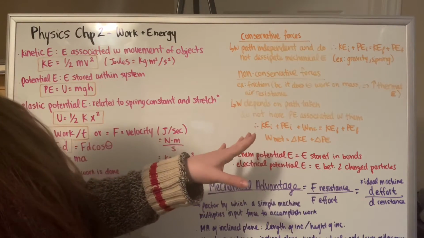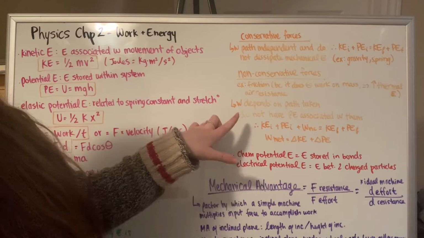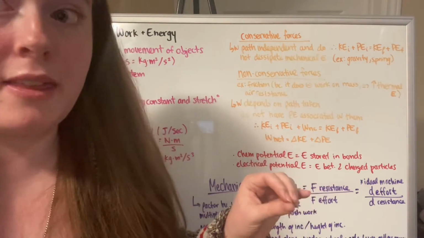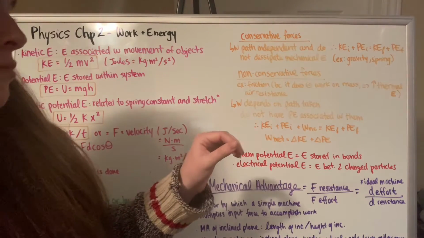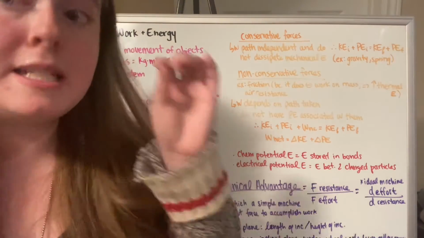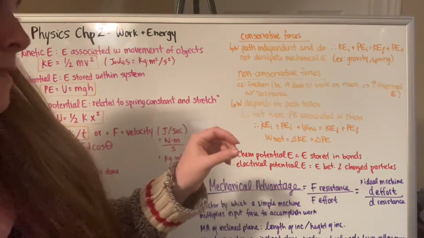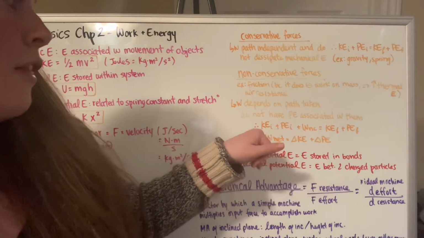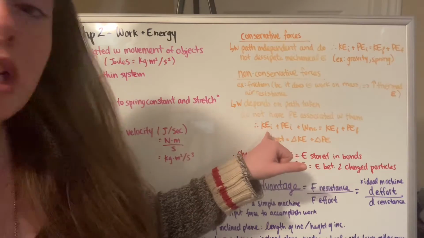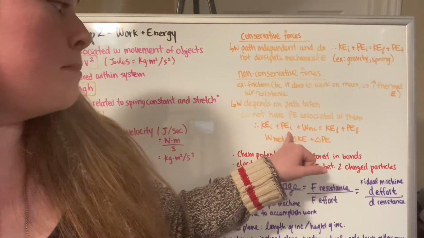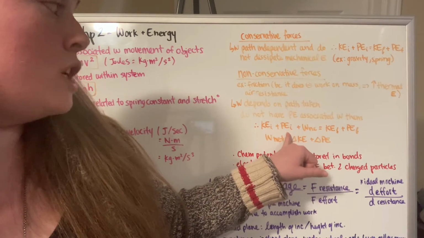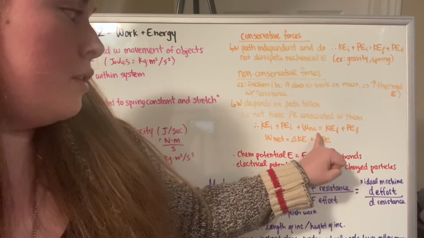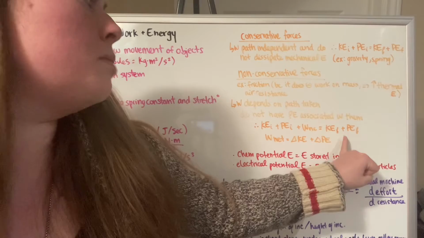And then, as we said, the non-conservative forces do not have a potential energy because they depend on the path taken. When I say they, I mean the work depends on the path taken. So when we have non-conservative forces, we have the initial kinetic energy plus the initial potential energy plus the non-conservative work equals the final kinetic energy plus the final potential energy.